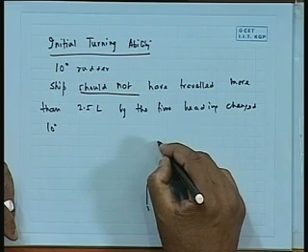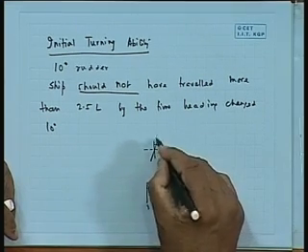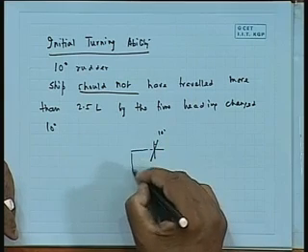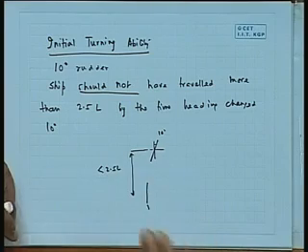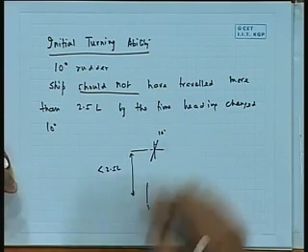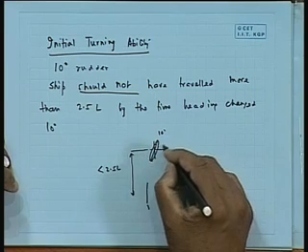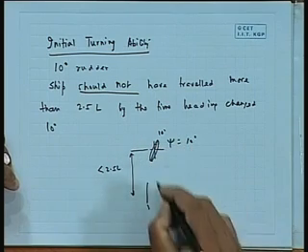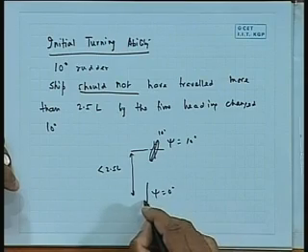Now the ship heading will change. At some point the heading has changed to 10 degree. This distance must be less than 2.5 L. If you draw it like that, here the heading psi is 10 degree, and here psi is 0 degree. Rudder is being applied. This is the starting point.